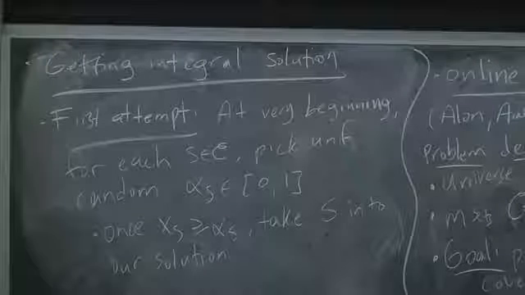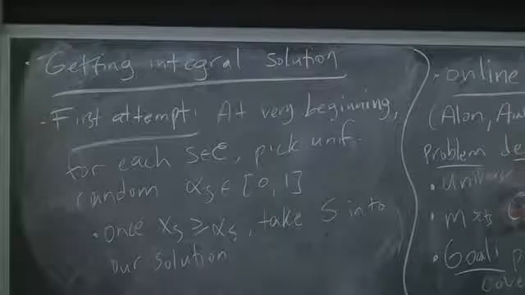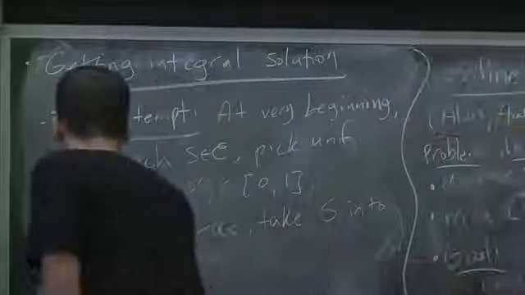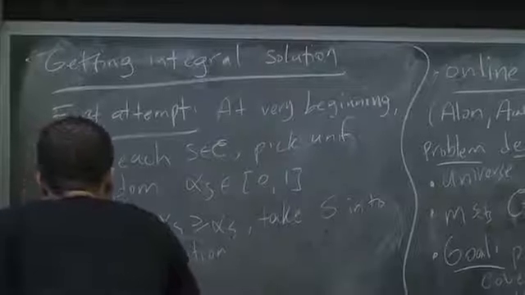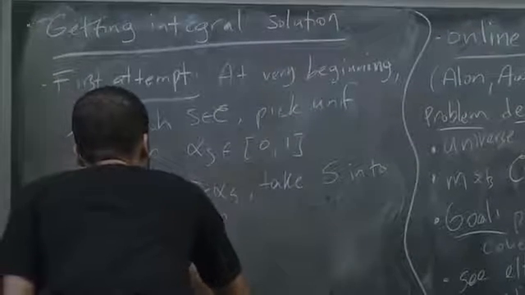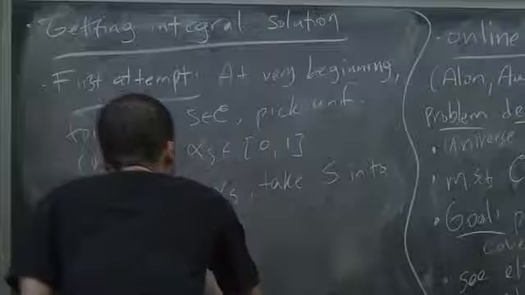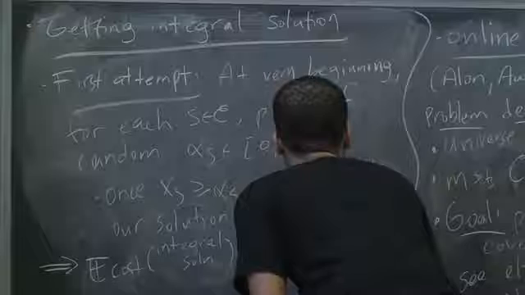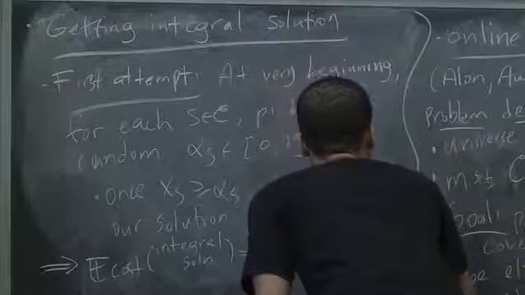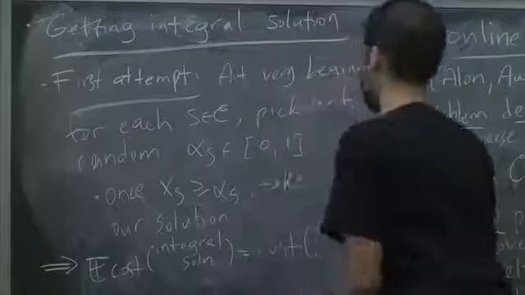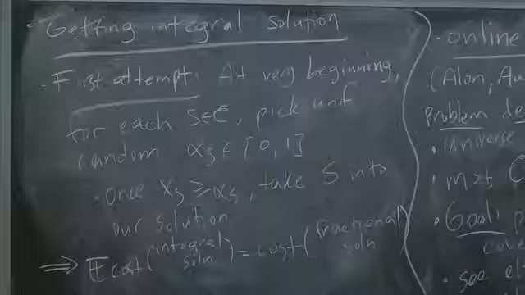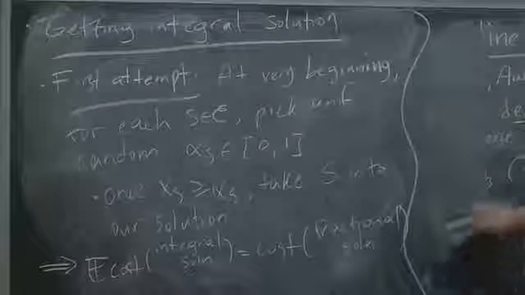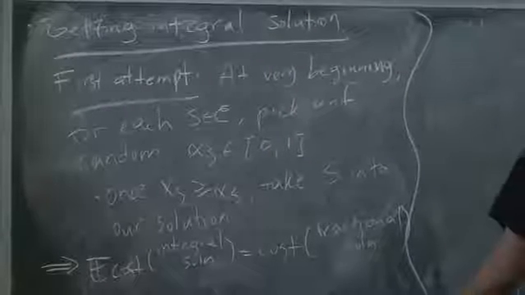Okay, so one thing you can show, which is basically the same thing we did last time, is that the expected cost of this integral solution is the cost of the fractional solution. Okay. I'm not going to do that computation, but it's roughly the same as what we did before with ski rental.